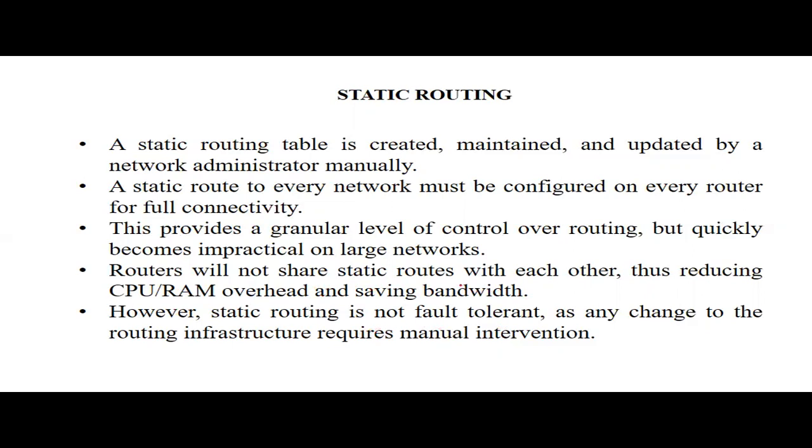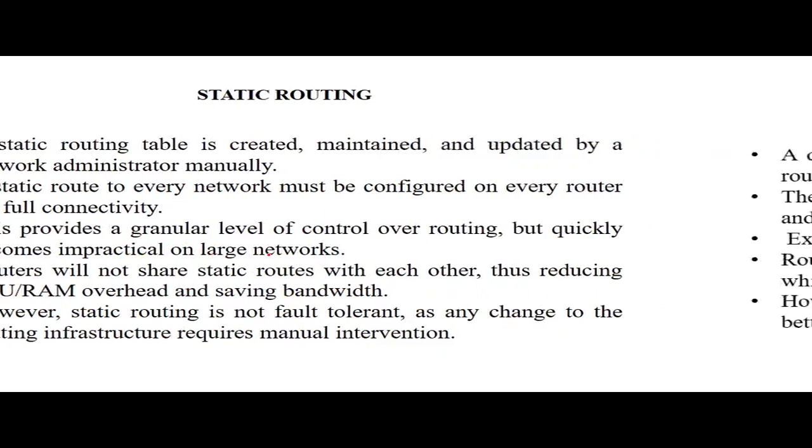What does that mean? Suppose a router is down or we have added a new router, then all the routing tables need to be updated manually. So there is an occurrence of fault in the case of static routing.